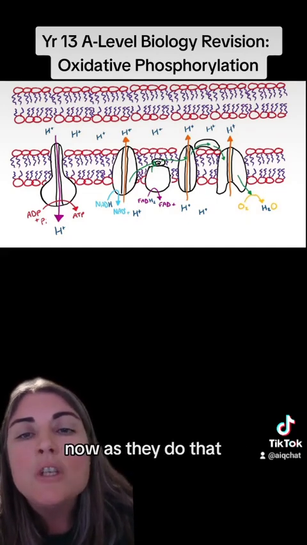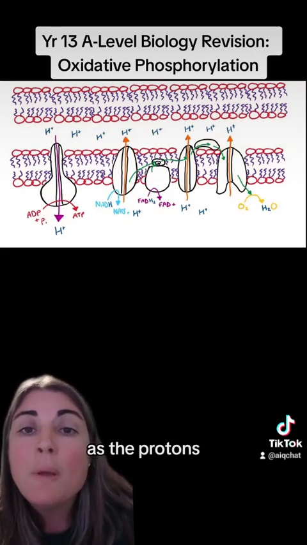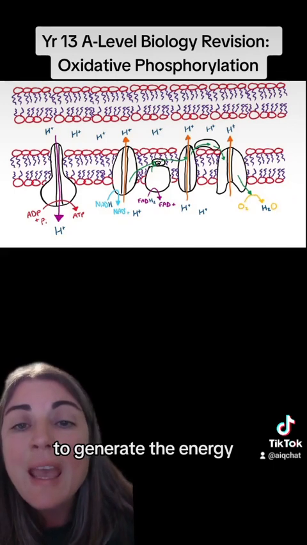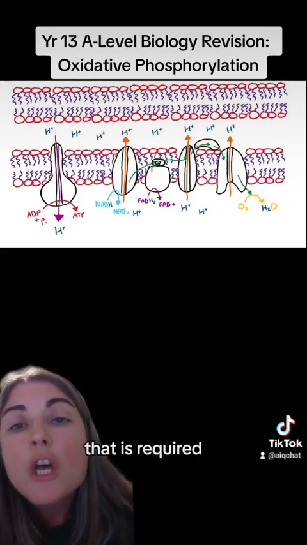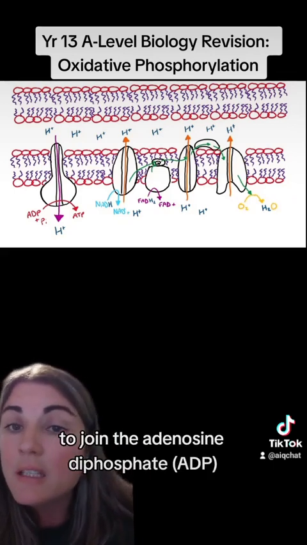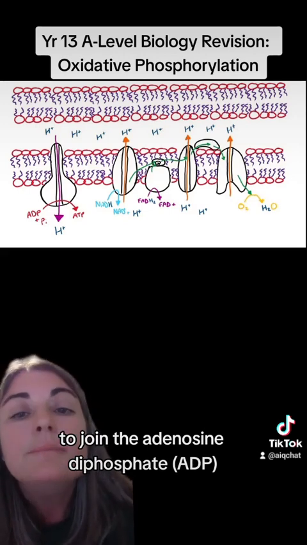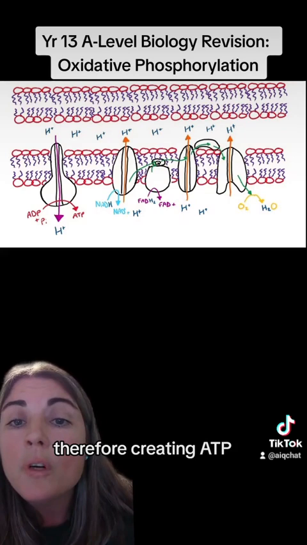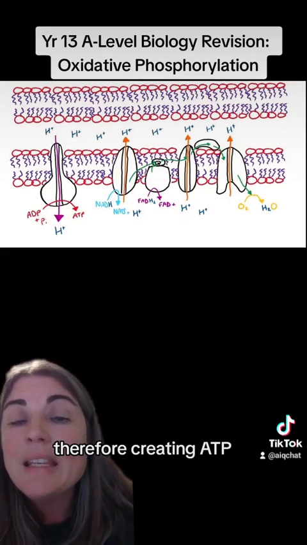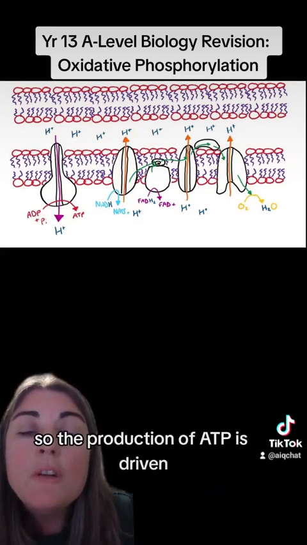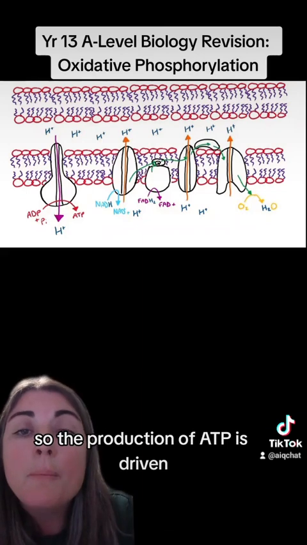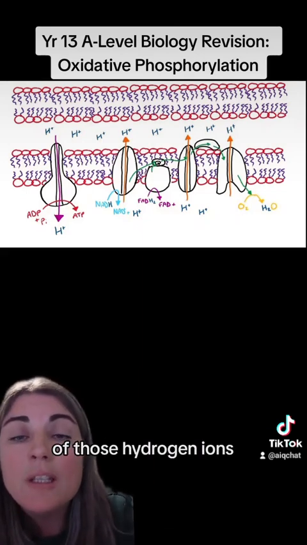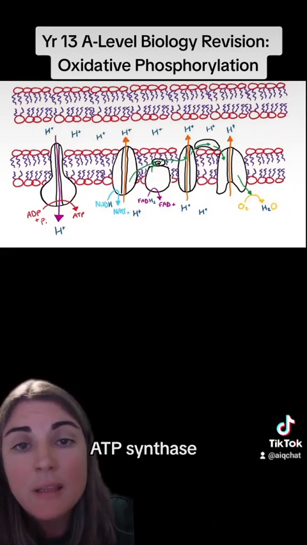Now, as the protons make their way through the ATP synthase, they generate the energy that is required to join the adenosine diphosphate, ADP, with the inorganic phosphate, therefore creating ATP. So the production of ATP is driven by the movement of those hydrogen ions through that ATP synthase.